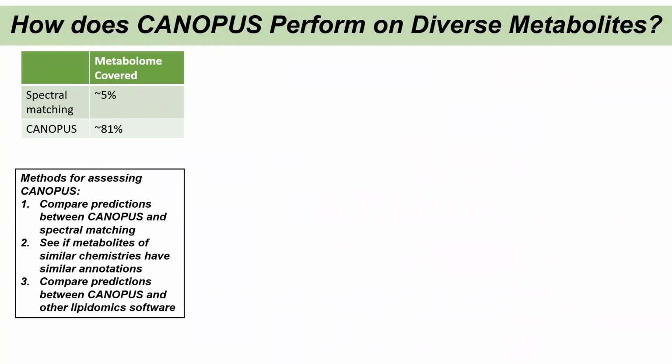Finally, the third method we used is comparing predictions between CANOPUS and other lipidomic software. There is other software, particularly just for lipids, that takes a particular lipid and classifies it into a lipid class. So we asked: does this software call something a glycerophospholipid? If so, does CANOPUS also call it a glycerophospholipid?